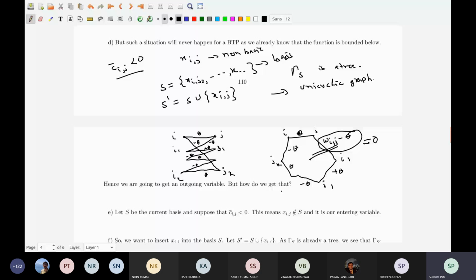It is a basis because it corresponds to a tree, and everything is greater than or equal to 0. The non-basic ones were anyway greater than or equal to 0, and in the basic ones, by choosing theta carefully, everything remains greater than or equal to 0.